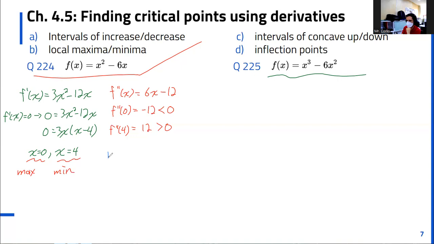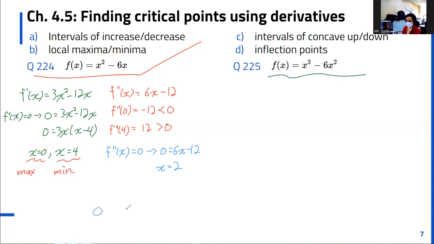Okay. Last part, inflection points. So our second derivative, we want to set this equal to 0, and then therefore 0 is equal to 6x minus 12, and solve that for x. X is equal to 2, right between our maximum and our minimum point. So that is our inflection point.